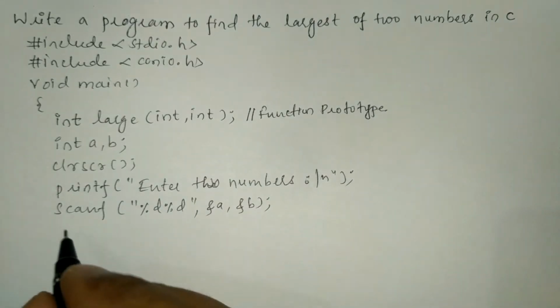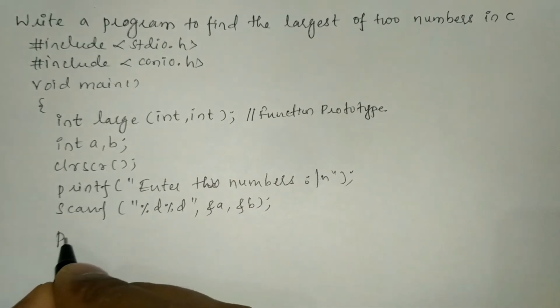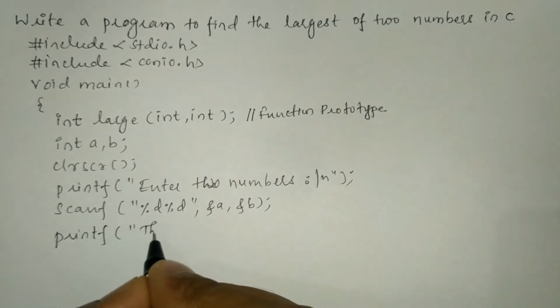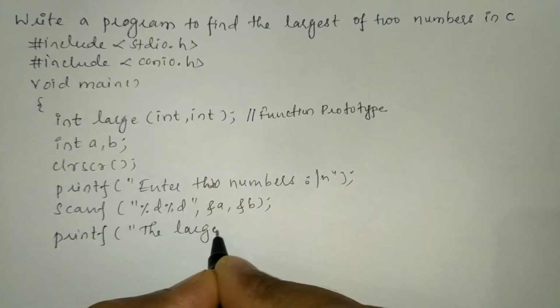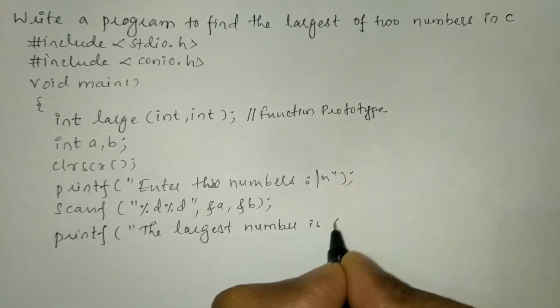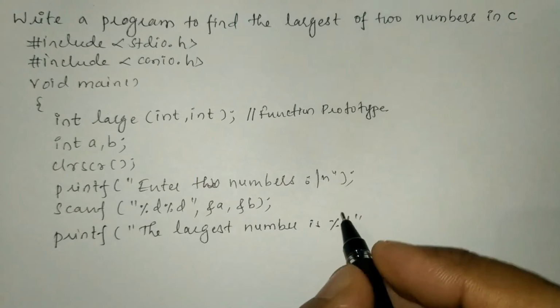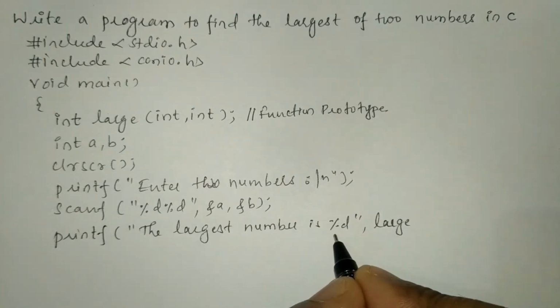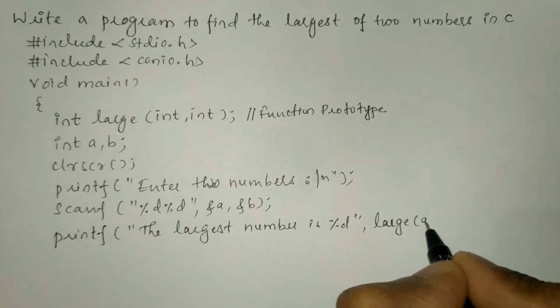After this we need to print the largest number. So I'm going to write printf in a double quotation mark, the largest number is %d, end the double quotation mark, put comma, and here we'll be having the function call large(a, b).